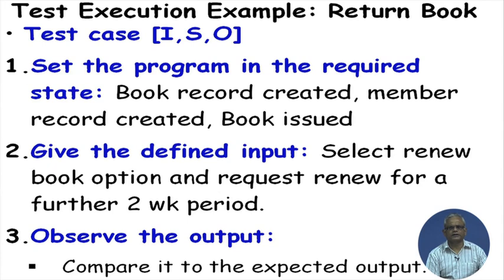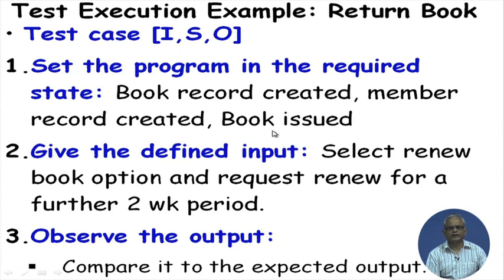So, what will be the test case? Here in the test case we write the state of the software. The state is: the book has been created, member record has been created, and then after that the book has been issued to the member.